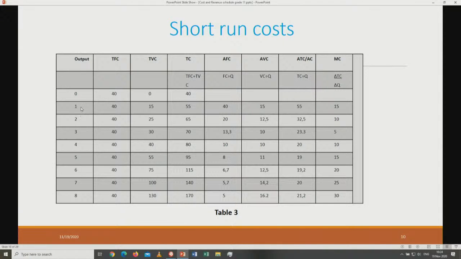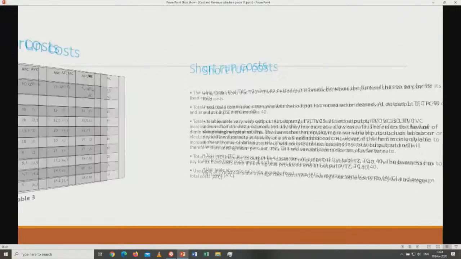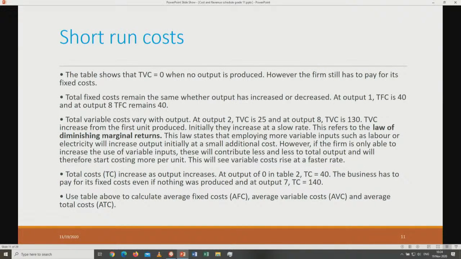Let's see. When we were not producing anything, we had nothing for total variable cost. When we were producing the first item, we had 15. When we were producing 2, we had 25. When we are producing 8 units, we have 130. So it is true that the total variable cost changes with the output. Okay, so we are just verifying the statement.